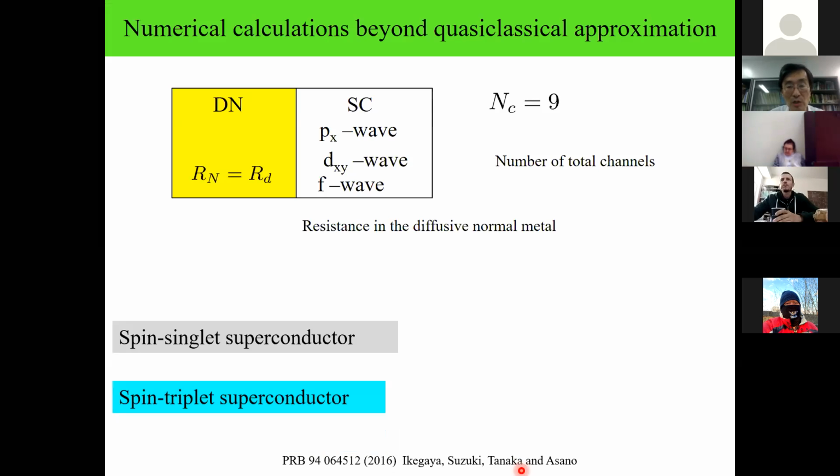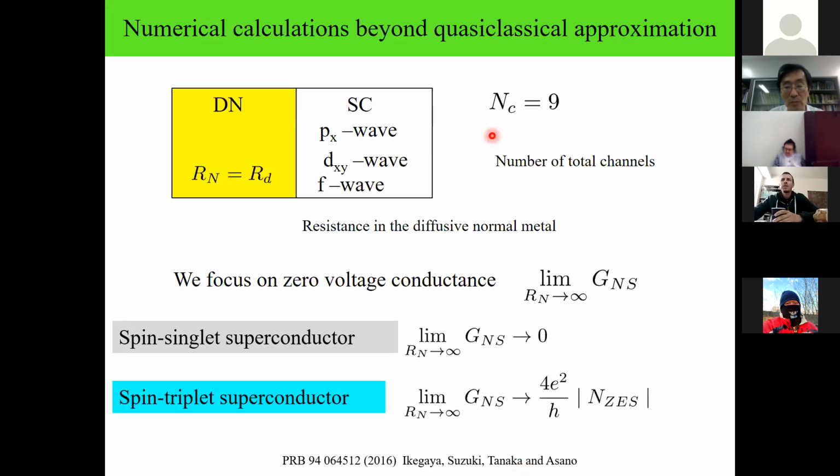They fix, for example, the number of total channels by considering a wire of finite thickness, and focus on zero voltage conductance in the limiting case where Rn, the resistance of the diffusive normal metal, becomes infinite. In that case, naively speaking, GNS, the charge conductance, becomes zero. This is the usual standard case because Rn here is infinite.